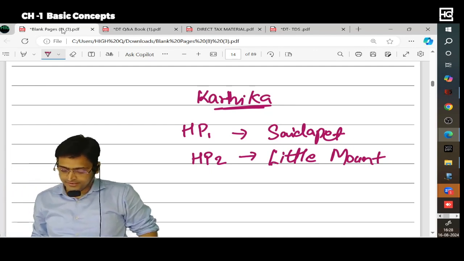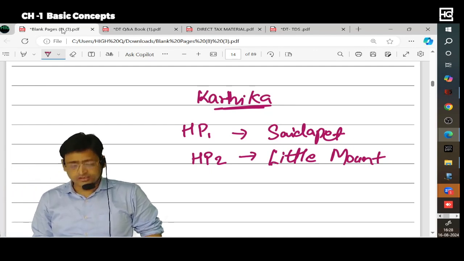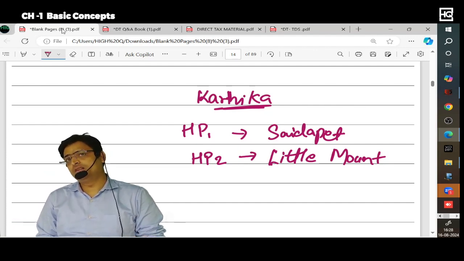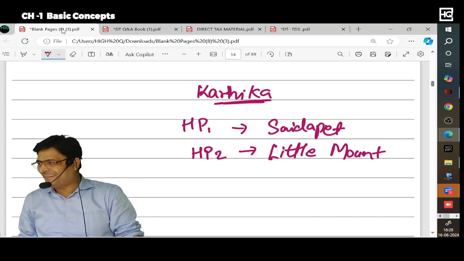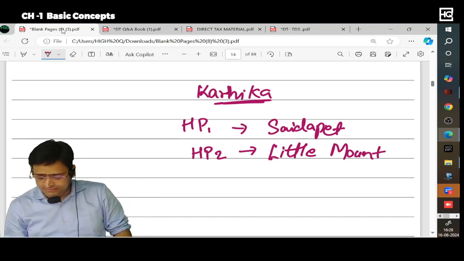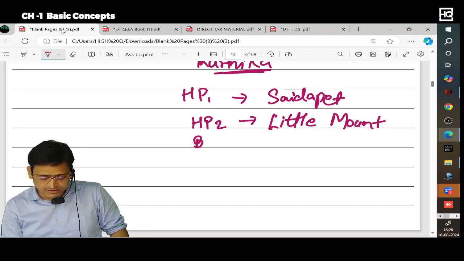Look, wait. Another, Kartika is having house two. Now some other example I am taking. She has some business.